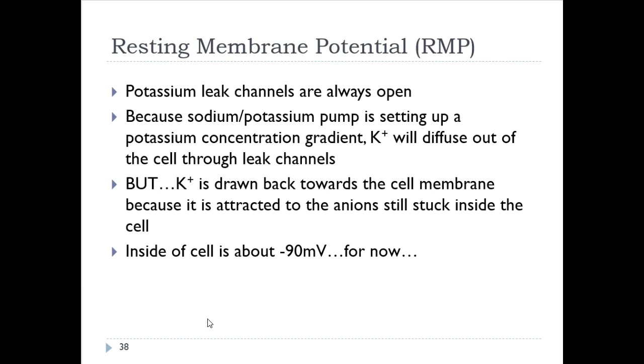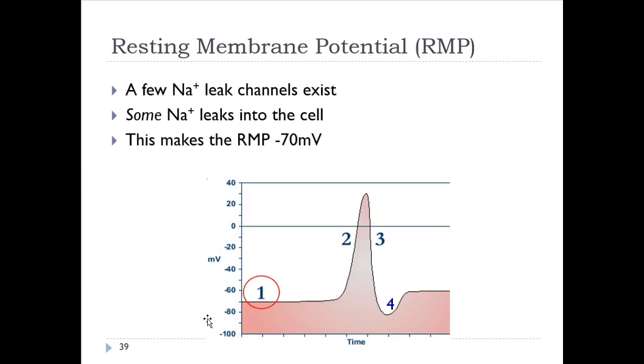But potassium is drawn backwards to that negative charge, so that's why we stay at that resting membrane potential. At resting membrane potential, a few sodiums leak into the cell, but we can pump them right out, and that's still going to keep us somewhere at that -70 millivolts.